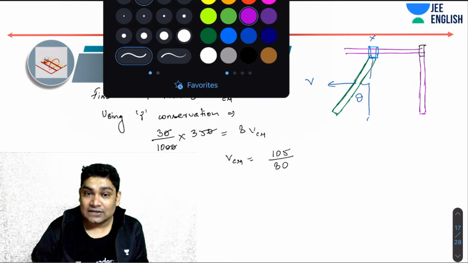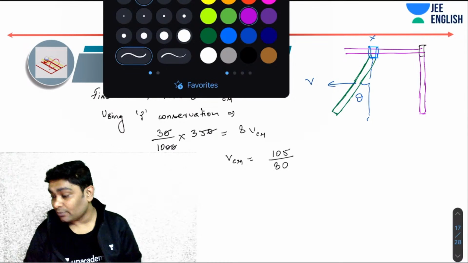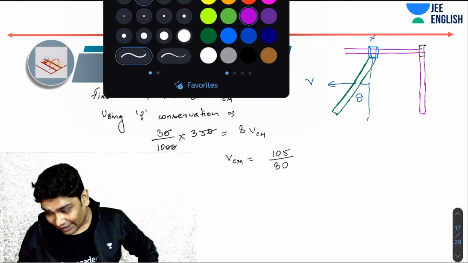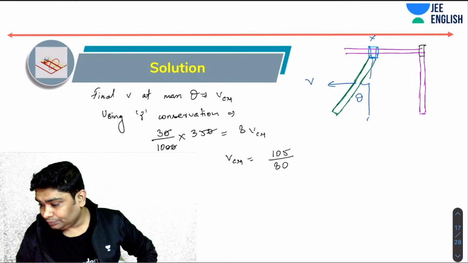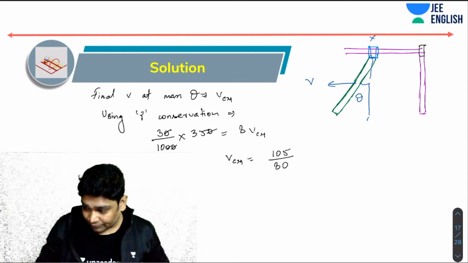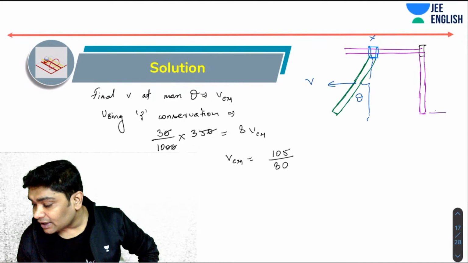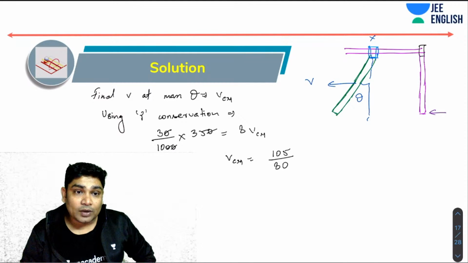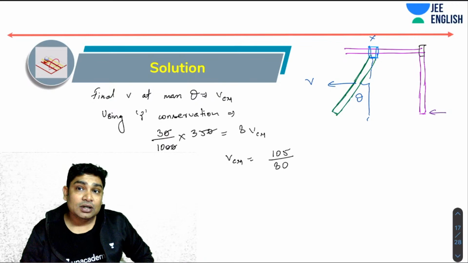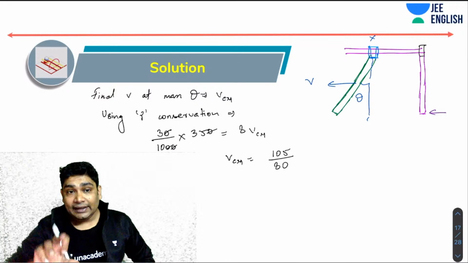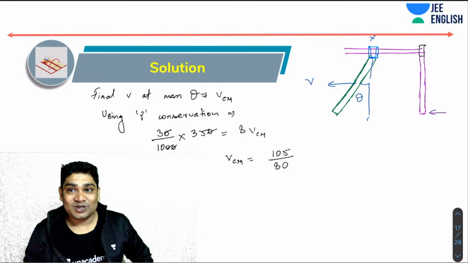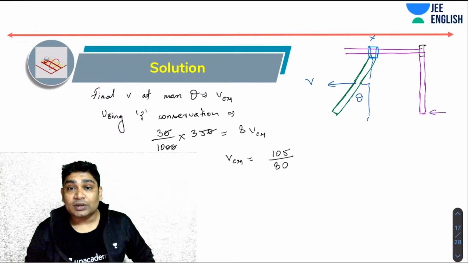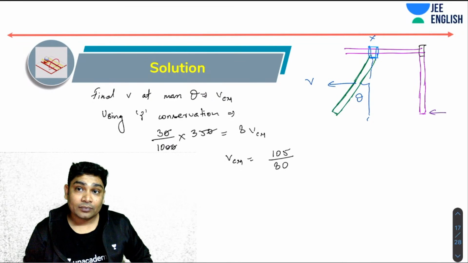What I can do, however, is realize that when this strikes, it gets some omega and some VCM. Finally, the translatory KE is in place. It's the rotational KE that is going to get converted into the potential energy. So the height that it will gain would be due to the rotational energy gained. I hope you can figure that out.